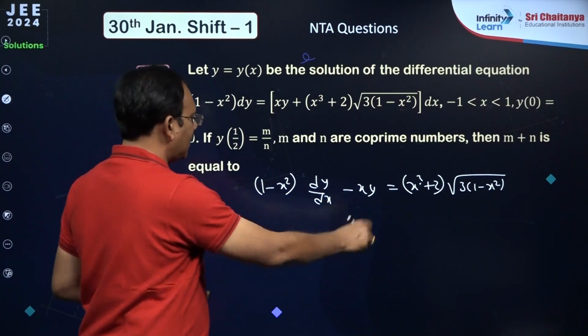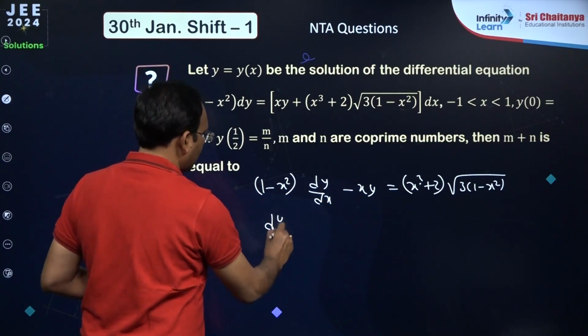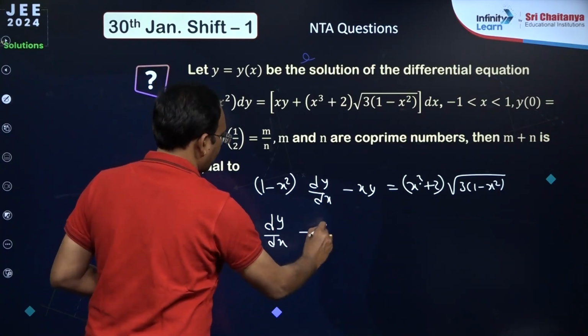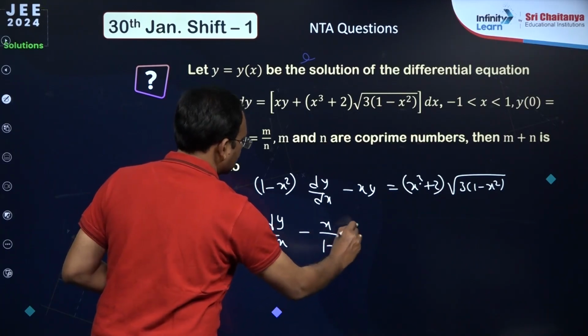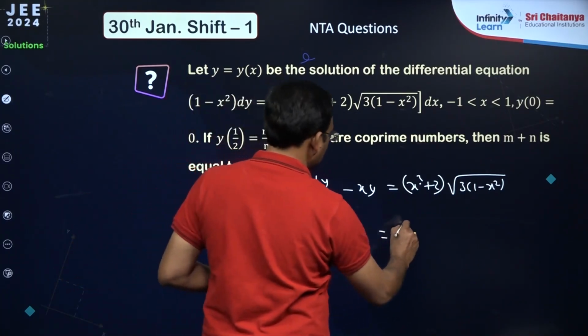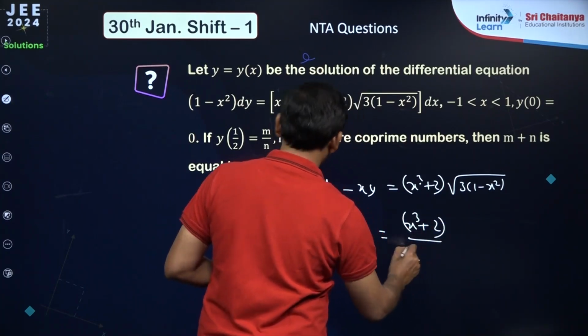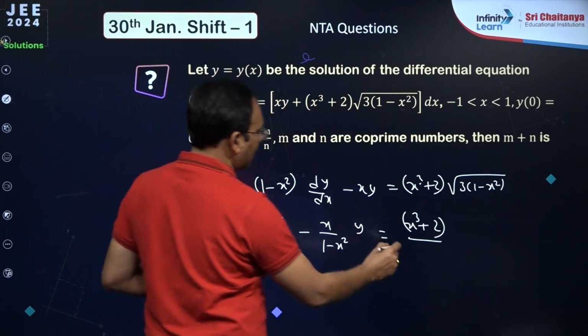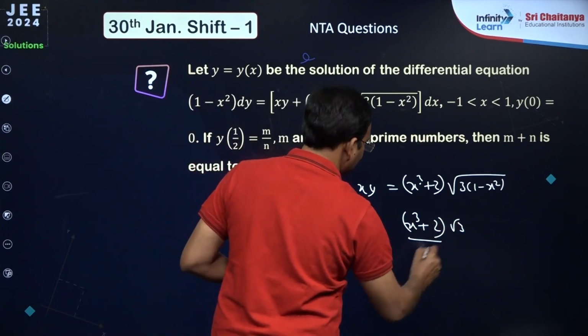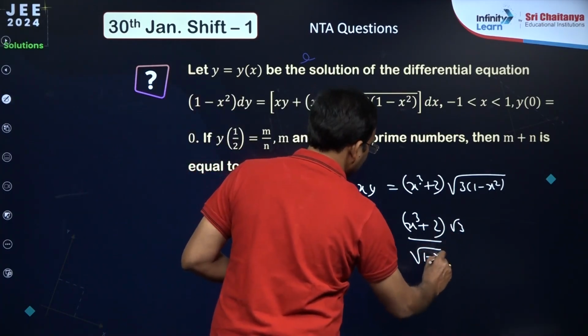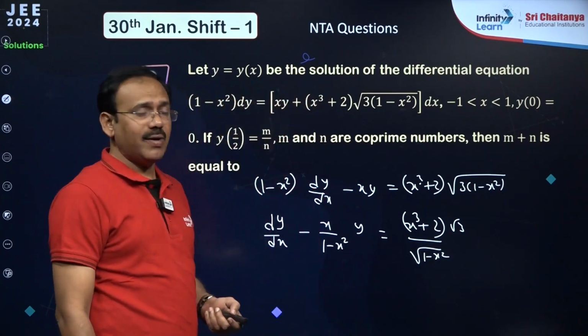You can divide with 1 minus x², you will get dy/dx minus x/(1 minus x²) into y equals x³ plus 2 by 1 minus x², I have divided. So √3 will be left into √(1 minus x²). It is an LDE, my dear friends.